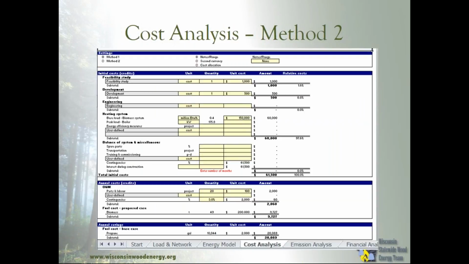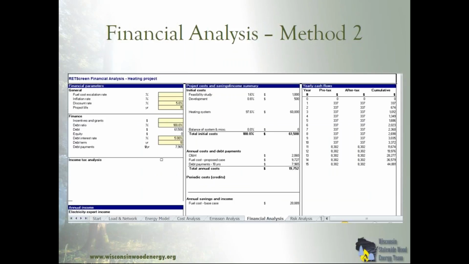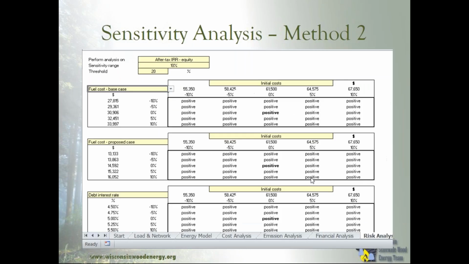So there's the cost structure, similar to what we previously showed. It gives you yearly cash flow numbers. So it's just in a little different format than what I previously showed you. And then it gives a sensitivity analysis. So here's fuel costs versus initial costs. Oh, I'm sorry, this is base case versus proposed case.